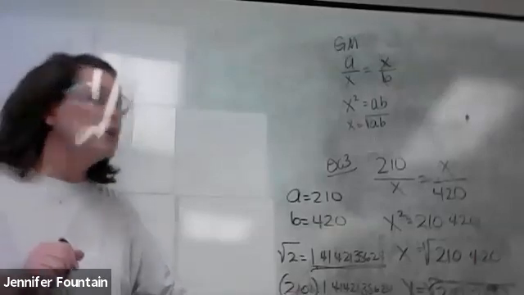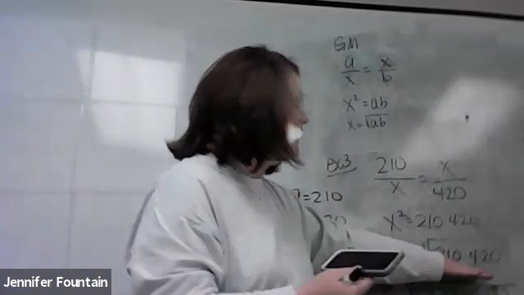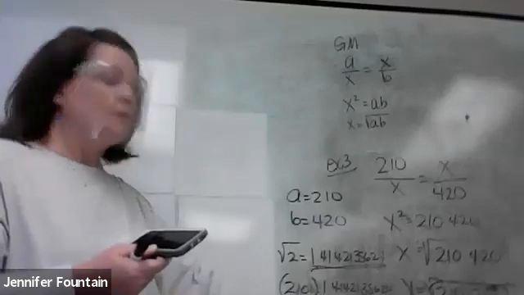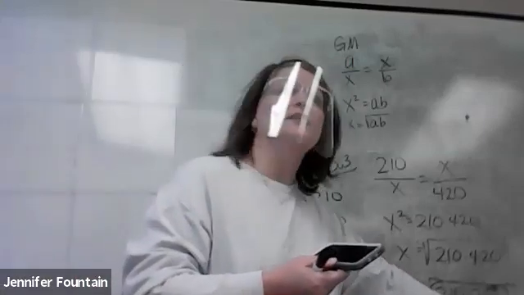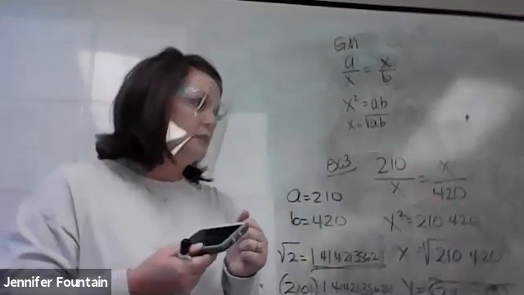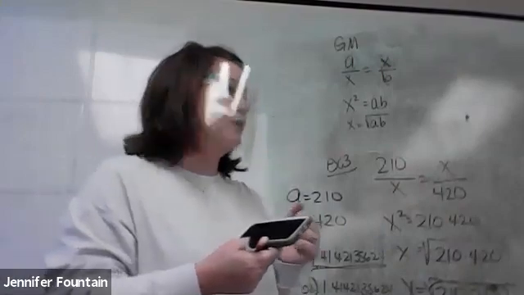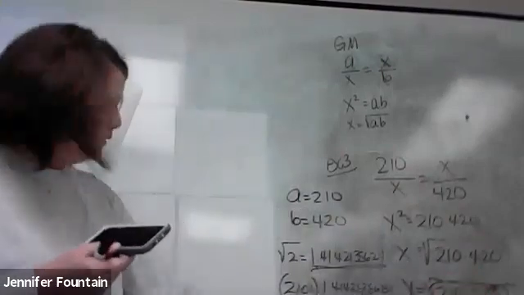So you can either start here, multiply these two together and find the square root, and you're going to end up there, or you can simplify and leave it as a simplified radical. It is totally up to you. If you want to use a calculator, you are welcome to use a calculator, simplify radicals, okay?